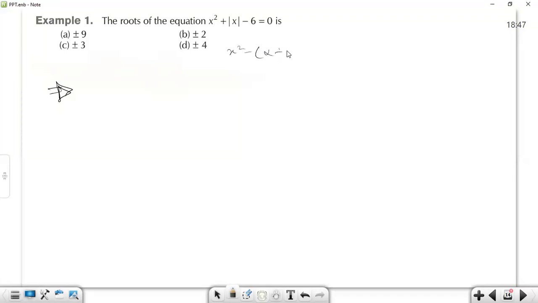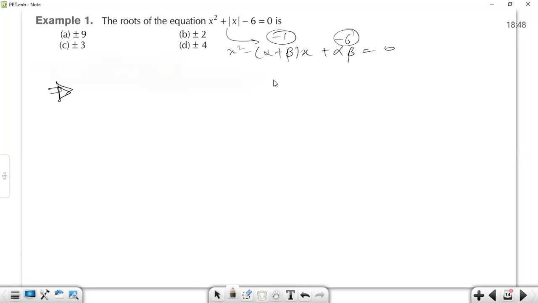Let's do it in the mind itself: there should be two numbers whose sum is minus 1 and whose product is minus 6. Since the product is negative, one of those two numbers has to be negative, so it will be the difference between two numbers.